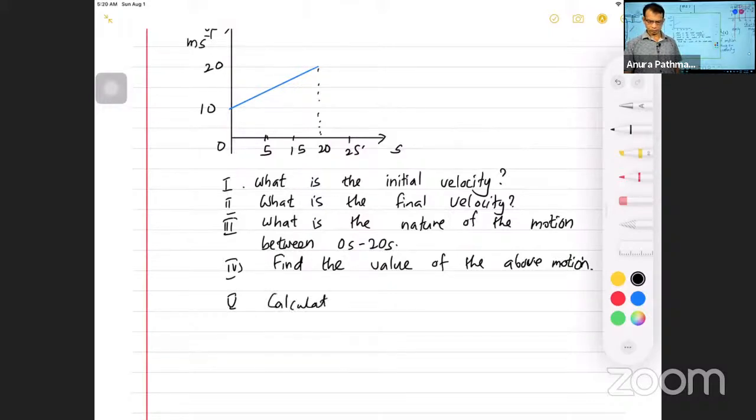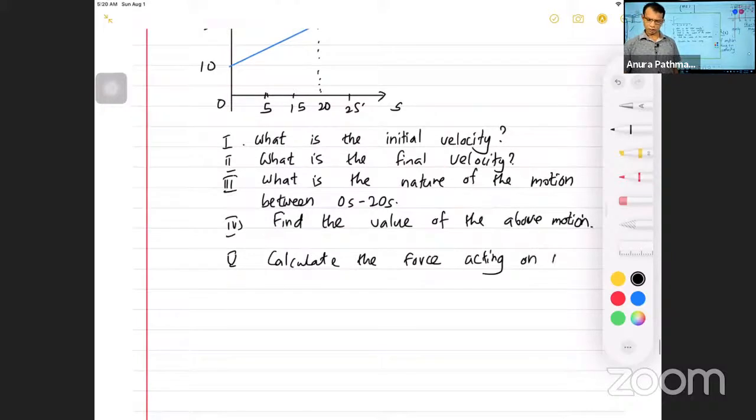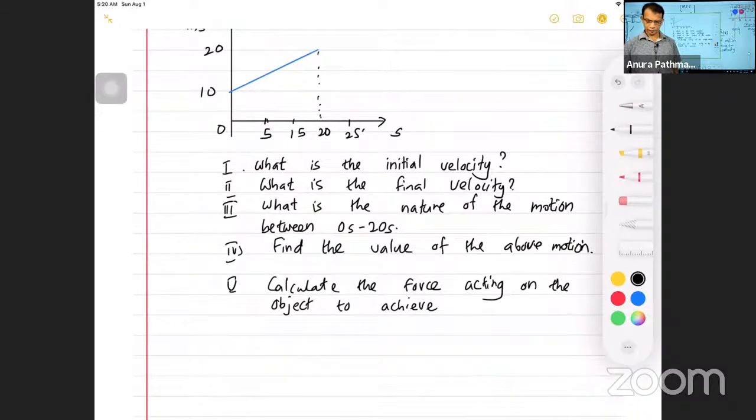Fifth, calculate the force acting on the object to achieve the velocity of 20 meters per second from 10 meters per second.